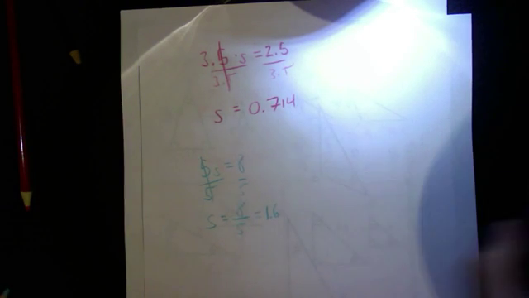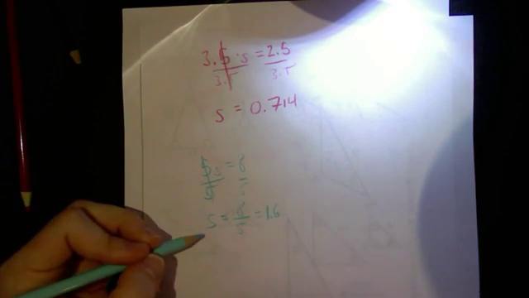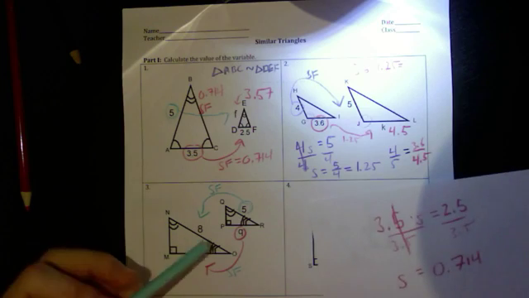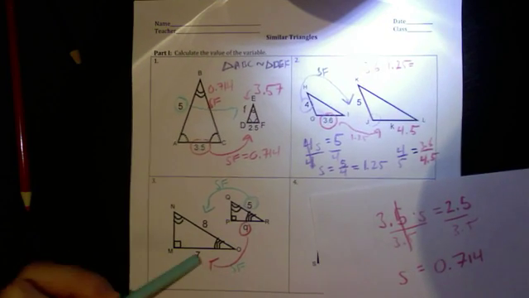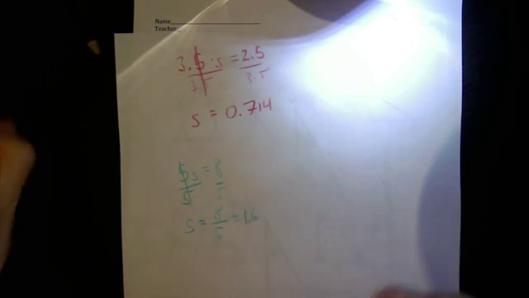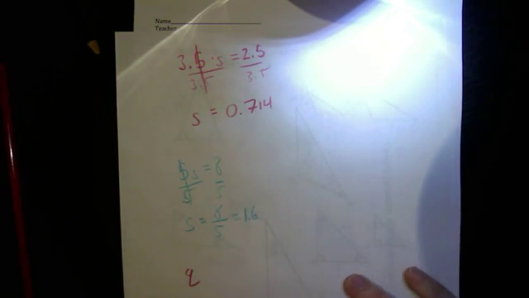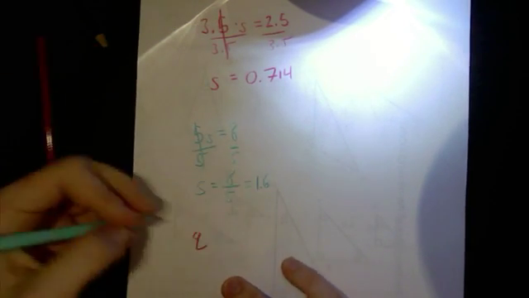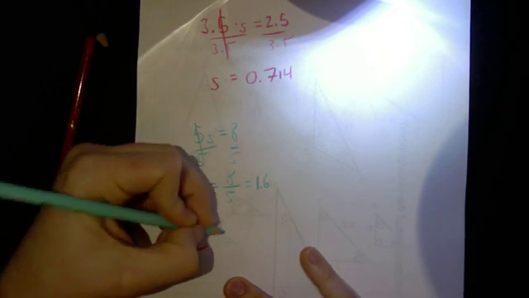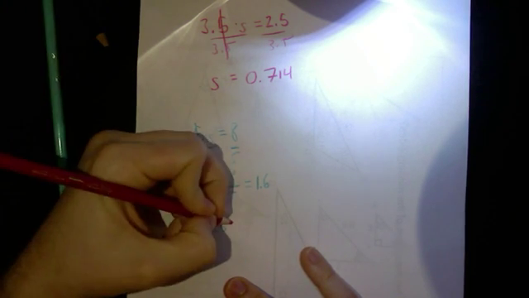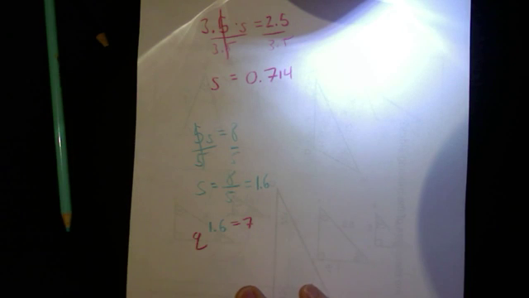All right. So now that I have my scale factor, Q times that scale factor gets me 7. So Q times that scale factor, which was 1.6, should set me equal to 7.